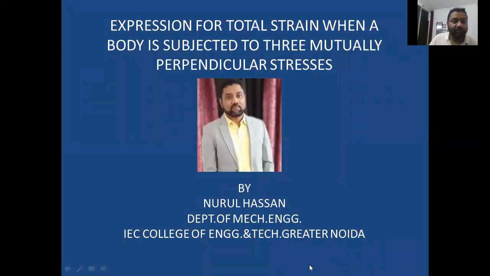Hello everyone. Today I am going to explain how to derive the expression for total strain when a body is subjected to three mutually perpendicular stresses in three directions.